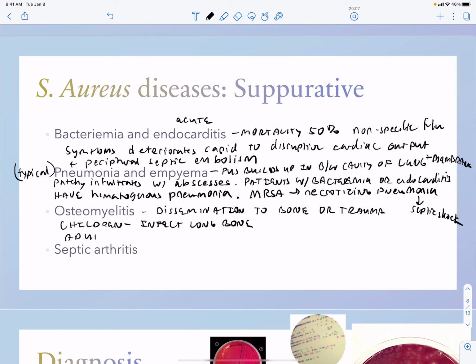In adults, it's not going to affect the long bone, of course, it's going to affect mostly the vertebrae. And so you're going to get intense back pain and fever. And then septic arthritis is going to be found in children and adults that receive intra-articular injections.